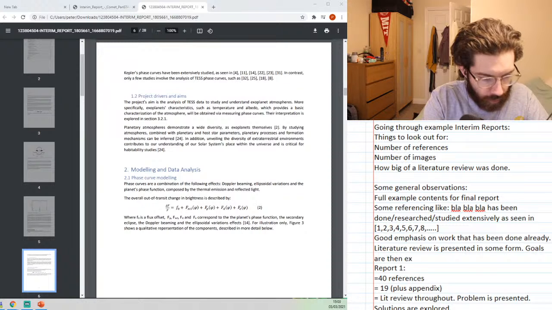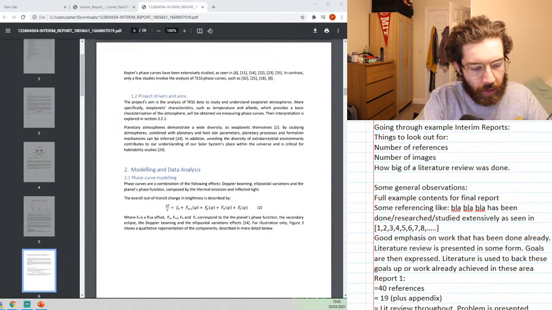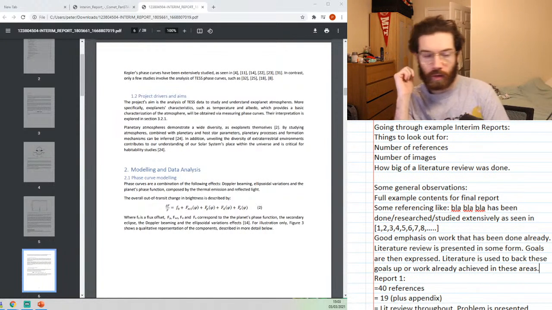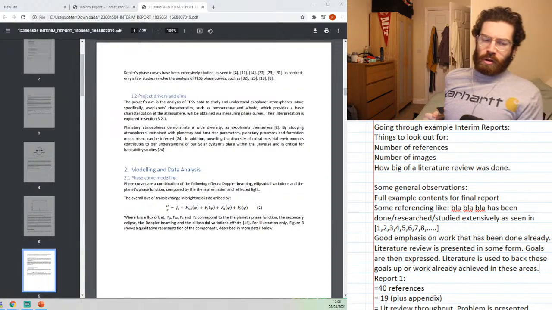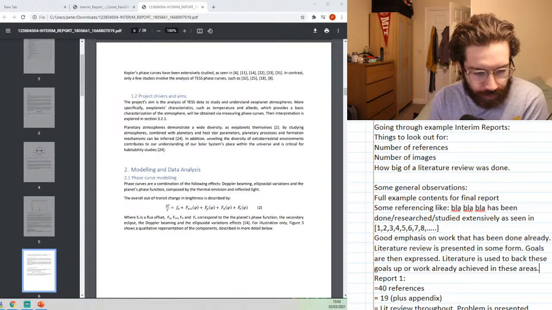Goals are then expressed. Literature is used to back these goals up, or work already achieved in these areas. Oh.